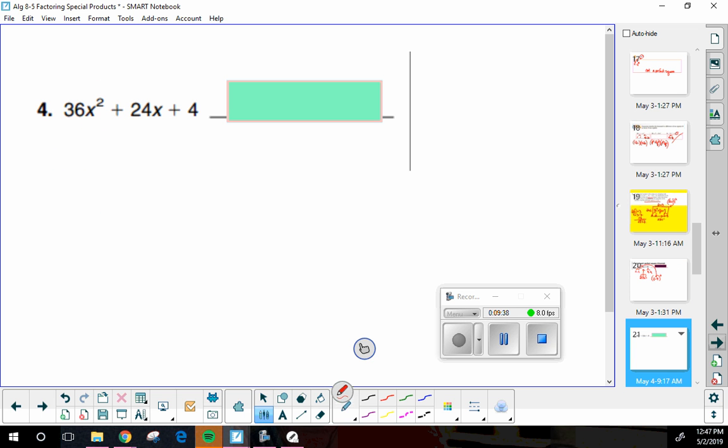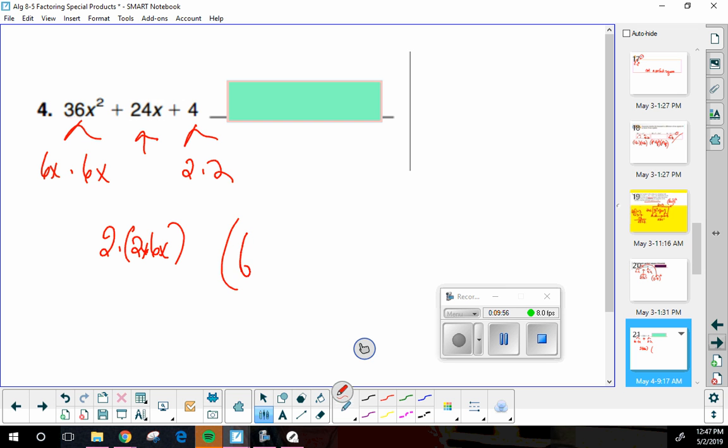All right. This is 6x times 6x, 2 times 2. This is 2 times 2 times 6x. So this would be 6x plus 2 squared. That is a perfect square trinomial.